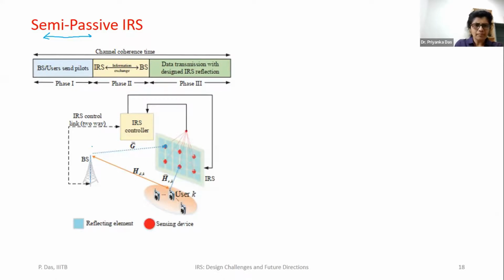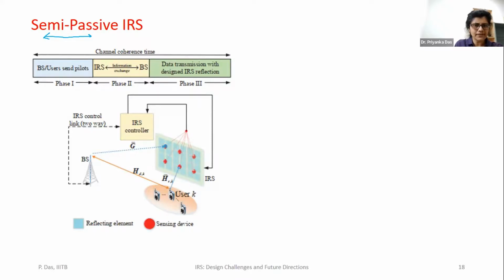Phase 1: the base station will transmit its signal. Users will receive it, and due to the broadcast nature, the IRS will also receive. Who will receive that? My reflection coefficients will be off at that time.